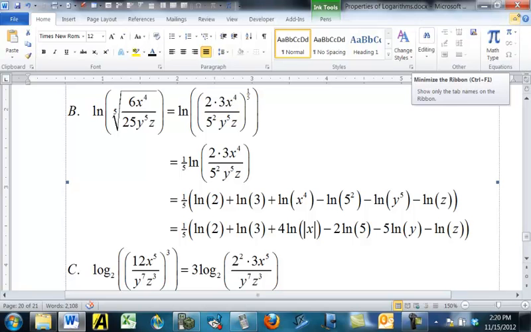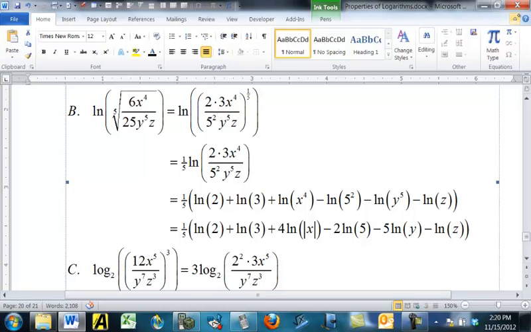So I've got log of some base to the 1/5 power. That's 1/5 times log of that base. So that's 1/5 log of that fraction. Now that fraction can be expanded out. It's 1/5 times the whole thing, so we've got 1/5 parentheses on the outside. And then on the inside we've got log of 2, plus log of 3, plus log of 4, of x to the 4th, minus log of 5 squared, minus log of y to the 5th, minus log of z. And each one of those that has a power, we can bring it out front.